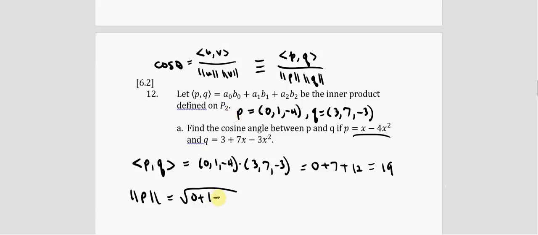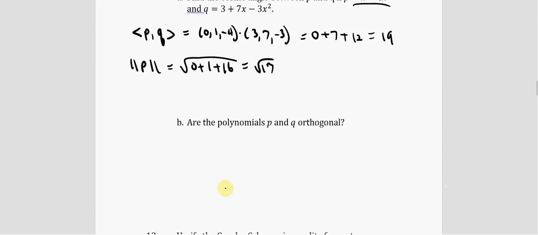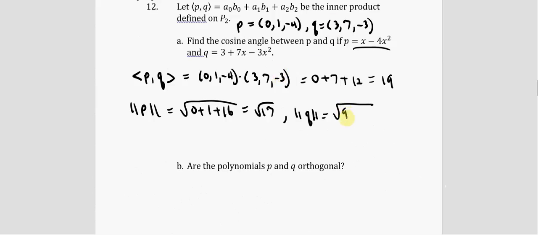One squared is 1 plus -4 squared is 16, so we get the square root of 17. And then the norm of q, that's the square root of 3 squared is 9 plus 7 squared is 49 plus 3 squared, that's 9. So there, that gives us the square root of 67.